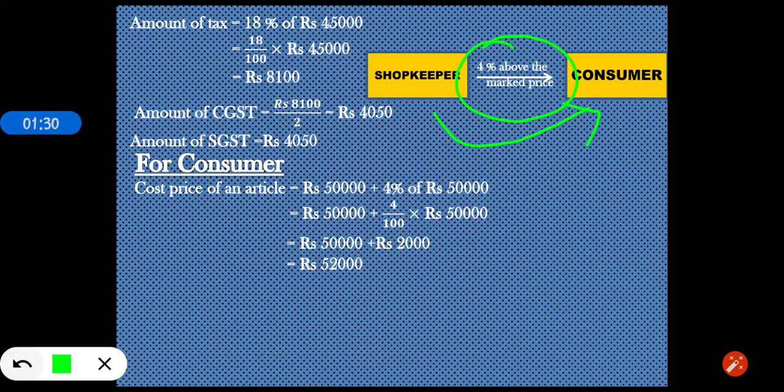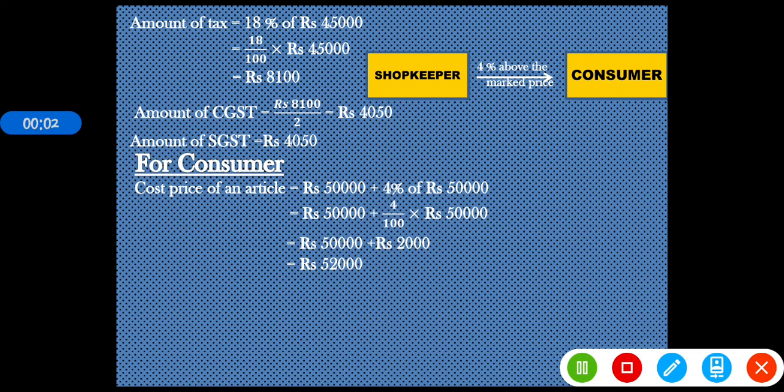So now for the consumer, what is the cost price? The cost price of the article is 50,000 rupees, which is the printed price, plus, since it's a plus, 4 percent of rupees 50,000. So 4 percent of 50,000 is equal to rupees 2,000. So the cost price of the article for the consumer is equal to rupees 52,000.